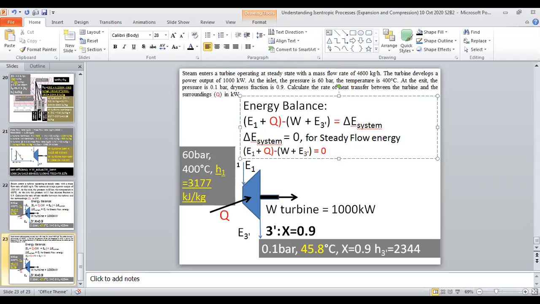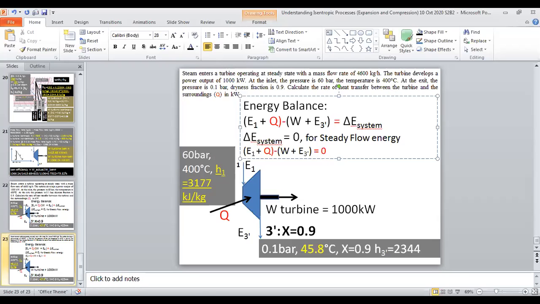You have energy in with the working fluid inlet and energy leaving with the working fluid outlet, and there should be a work done, which we call W turbine, and then there should be some heat leak from the system to the surrounding.